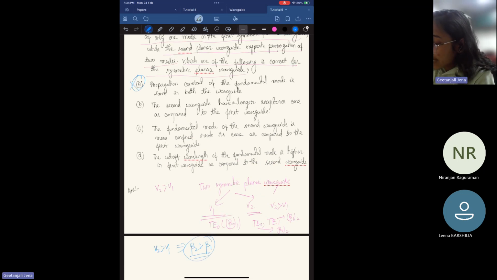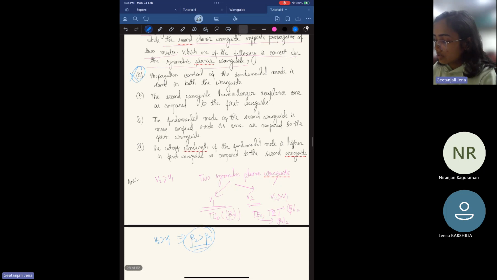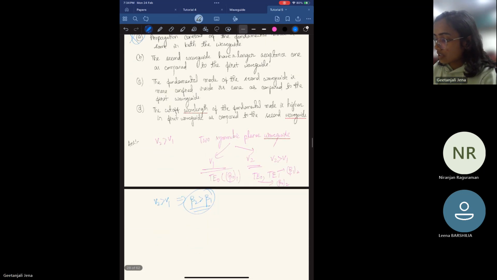The next option is the second waveguide has a larger acceptance cone as compared to the first waveguide. And if you recall, the acceptance cone depends on the numerical aperture, right? And V is directly proportional to numerical aperture. So just recall V is a times k0 times root over n1 square minus n2 square.